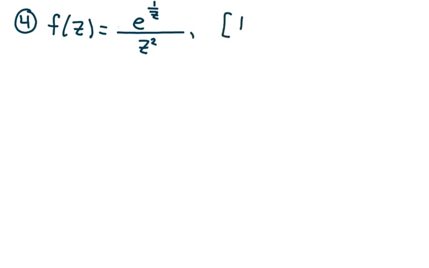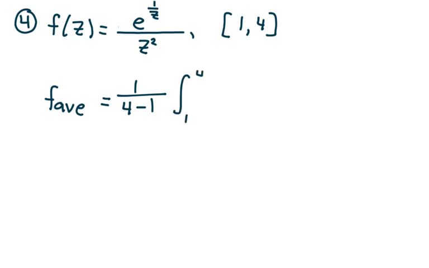And the interval here is 1 to 4. Now, we're going to look at the average value of f, and that's 1 over 4 minus 1, b minus a, times the integral from 1 to 4 of e to the 1 over z divided by z squared, dz.